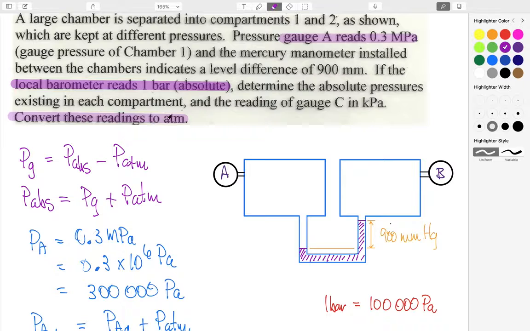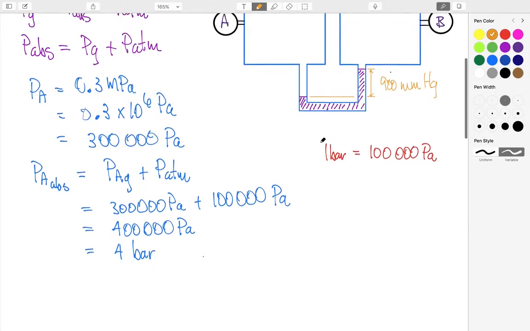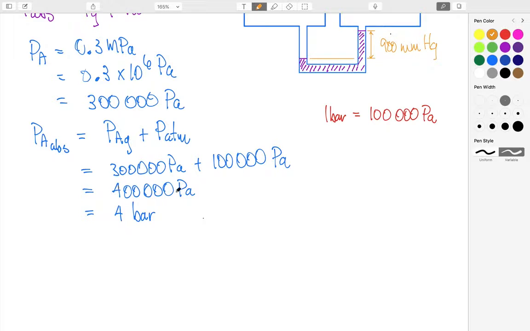So we need to convert these to atmospheres. Well, that's actually pretty easily done. So let's go back to this and do a conversion. We have 4 bars or 400,000 pascals.